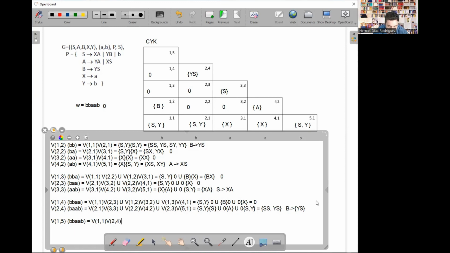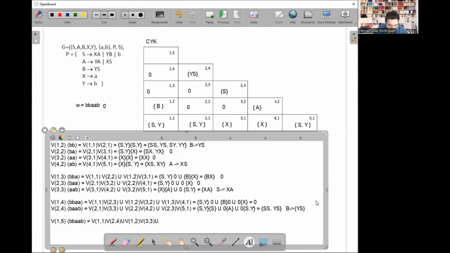Or we could take the first 2 characters and then concatenate that with what produces the last 3 characters, which is starting in 3, taking 3 characters.